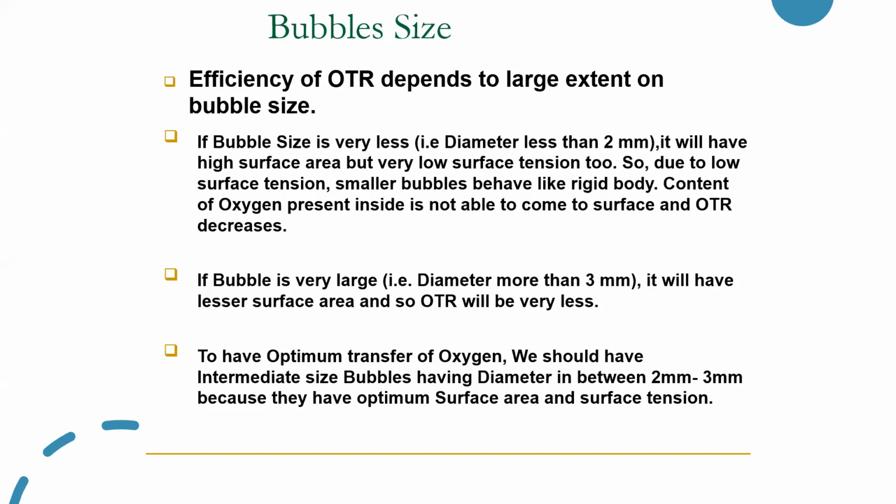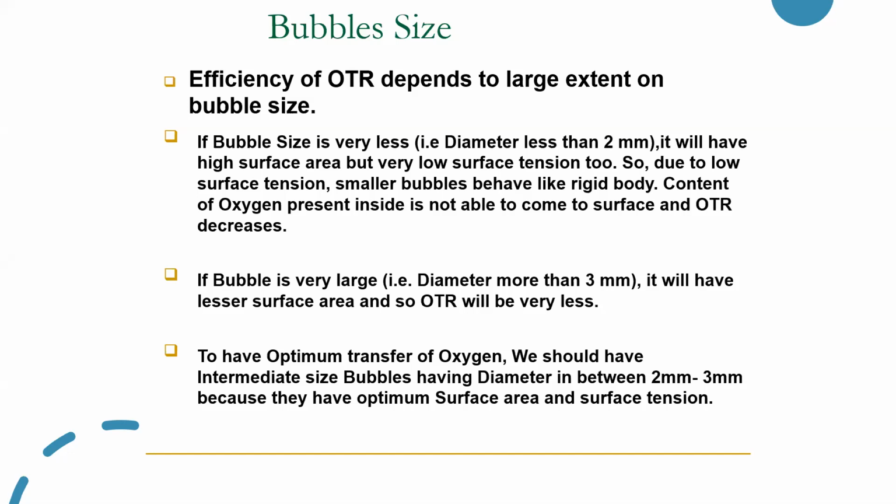So the question should come to your mind: yes, we should maintain a smaller size bubble because it gives us good surface area, but don't forget about the surface tension. If the bubble is very small, that means diameter less than 2 millimeter, though it will have high surface area, the surface tension is very low.